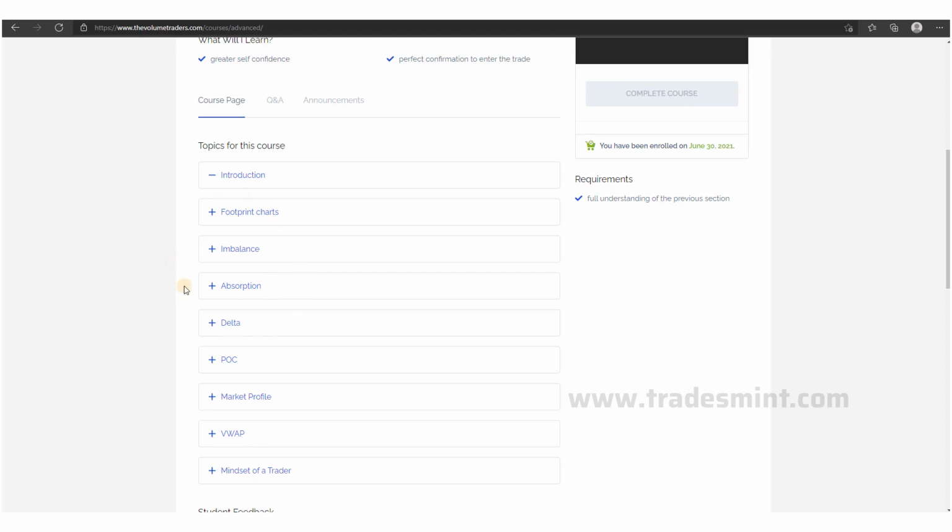Okay, so this is about entries, these 3 parts. Delta is just a small, short video about how to recognize if your drawn demand to supply is valid, if you can expect some move. Then point of control.